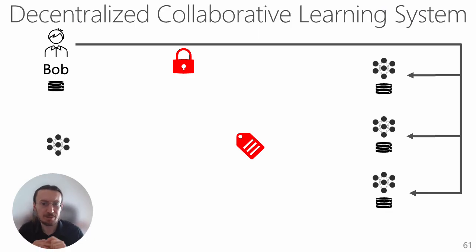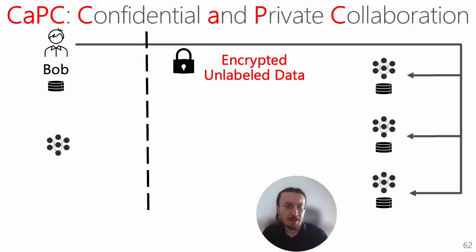So now I will explain the second decentralized collaborative learning protocol, and this is called Capsi, which stands for confidential and private collaboration, that does not rely on a central party that orchestrates the whole protocol. So here let us imagine that we have a user, in this case again Bob, who has some unlabeled data. Then we encrypt Bob's data and send them to other collaborating parties.